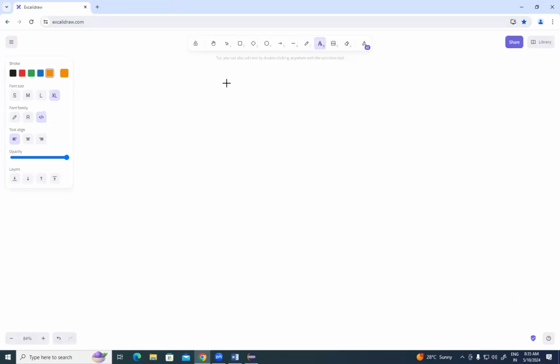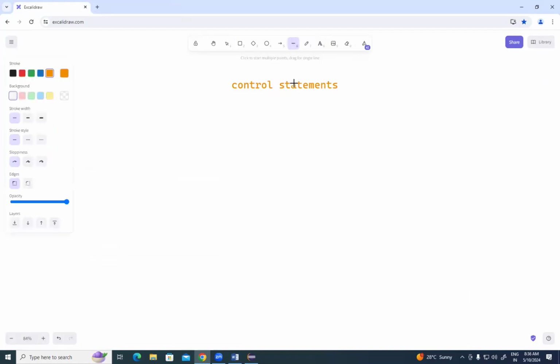We are talking about control statements. Tell me, control statements are divided into how many? 3 categories. Can you tell me the 3 categories now?